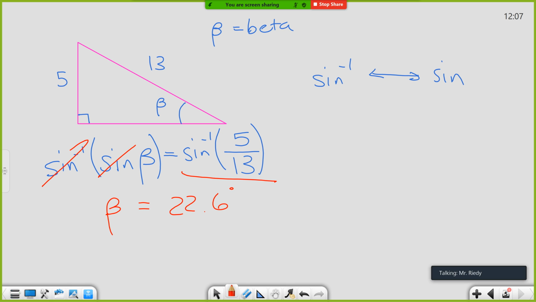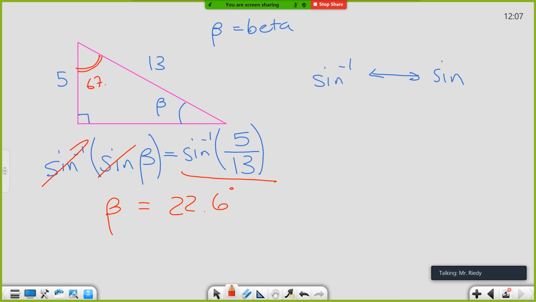Okay. So as I said, everything is the same except for the solving part, and the solving part involves using that inverse trig function. Brooke, let's go back to you. How big would this angle be then? 67.4 degrees. Perfect. Because that angle beta and that red angle have to add up to 90.